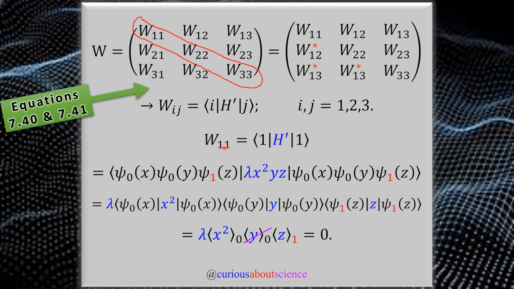Using the same notation and breakdown, we mix state 1 and 1 with the perturbed Hamiltonian. We break that down. We see that the only wave function that got advanced was the one for z. So we break it down into separate products, and we get x squared of the ground state, y of the ground state, and z of the first excited state.